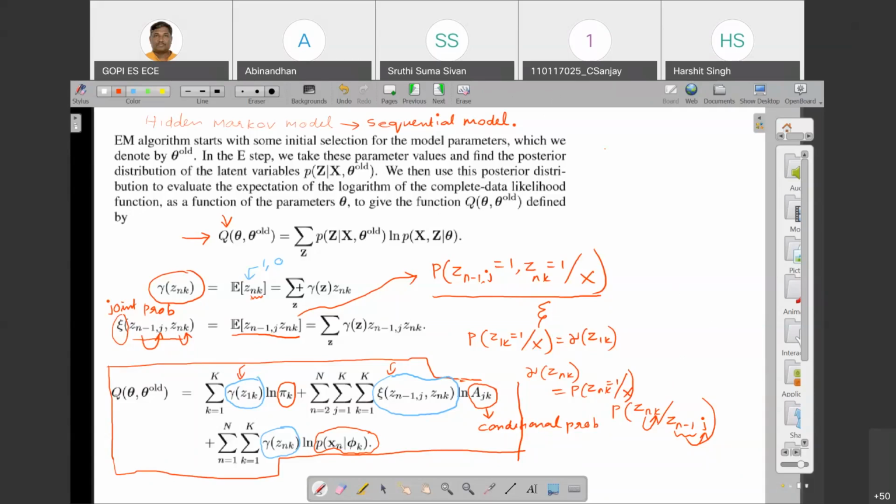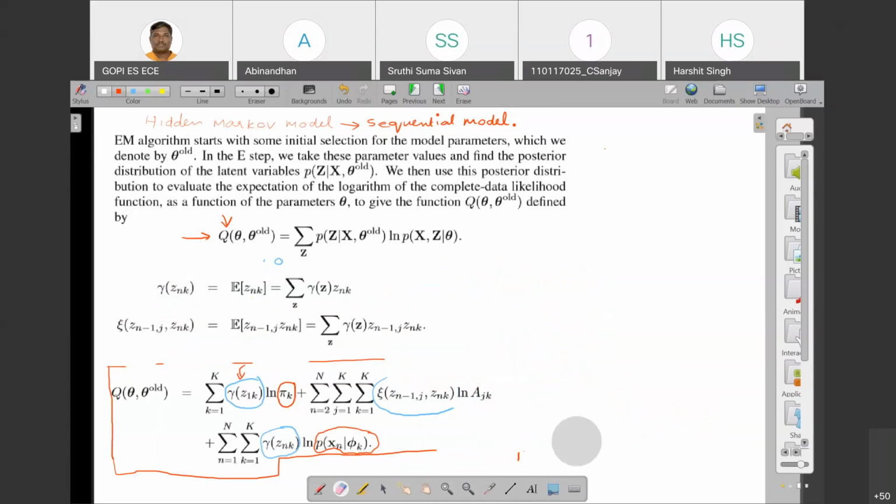Yes. Okay, fine. So now you got this expression Q in a modified form. That is what I want to say. What we actually achieved is this Q now in terms of gamma and zeta.